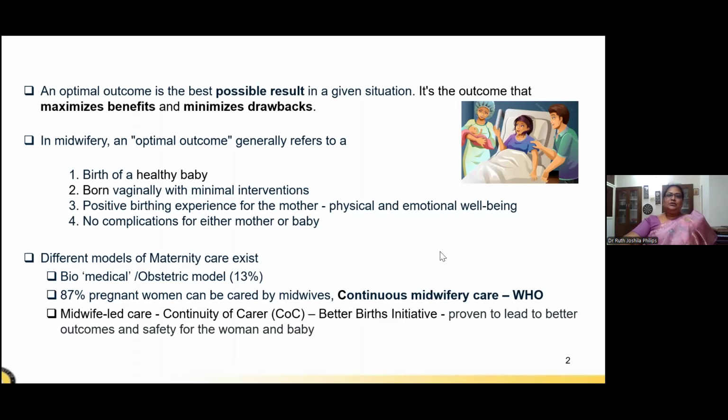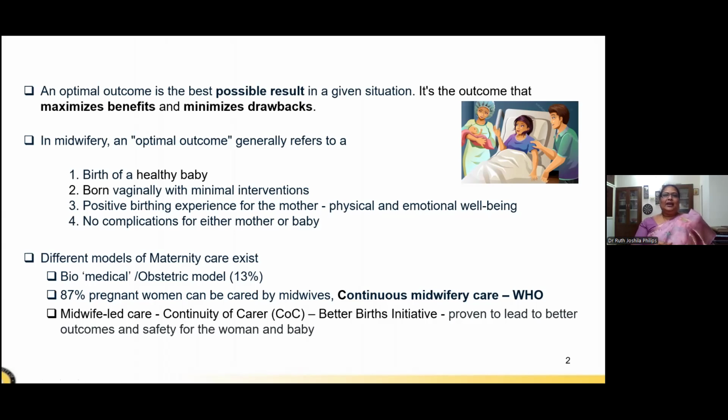Before we get into the evidence-based practices that we usually use in midwifery, I'd like all of you to understand the basic way of providing care to mothers who are pregnant. Normally we have different models of care used to provide care to pregnant women. There are many models, but I've picked two which are very commonly used. The first one is the biomedical model, which is also the obstetric model.